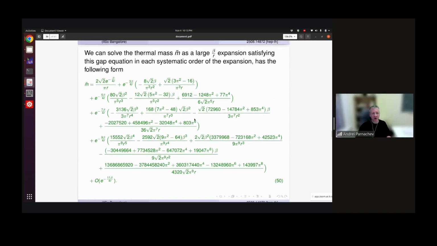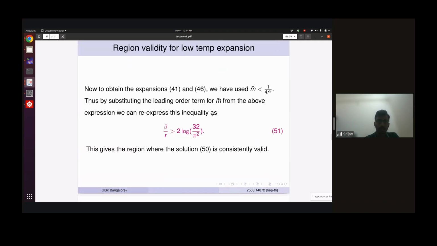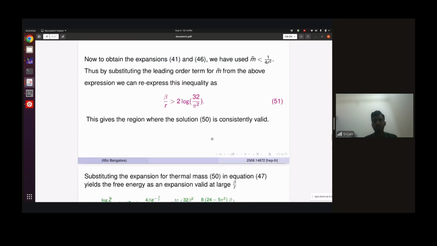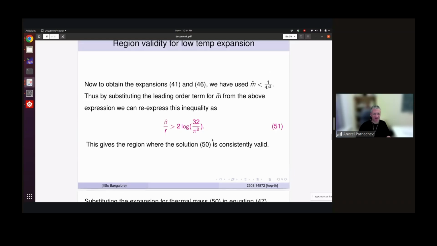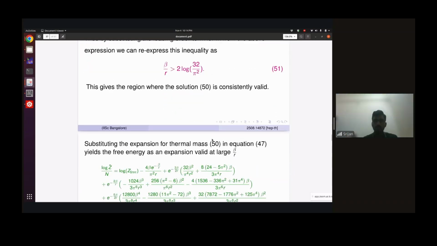Well, I thought your claim was that the series was asymptotic. Sorry, yes, the series is asymptotic. But this is not the radius of convergence as such. Okay, so this is just the consistency. Well, if the series is asymptotic, then it had better not be the radius of convergence, right? Yeah, there shouldn't be any radius of convergence.